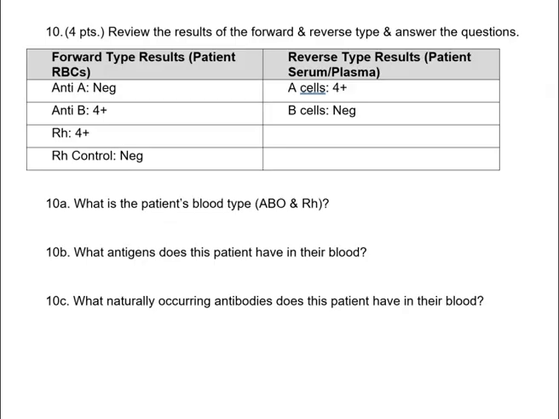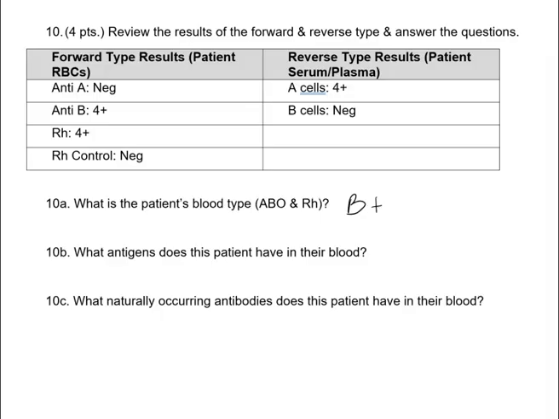It looks like it's negative, so that tells us there are no A antigens on the red blood cells, and it is confirmed with our reverse type. Anti-B is a 4+, so we have B antigens on the red blood cells. Our RH is positive this time, so it looks like we have a B positive patient.